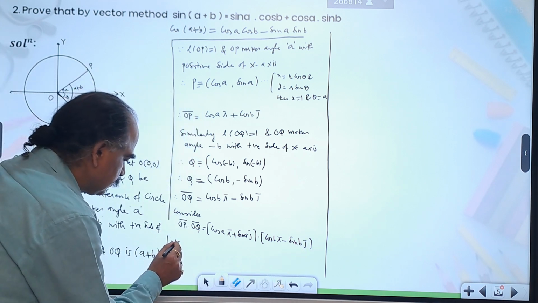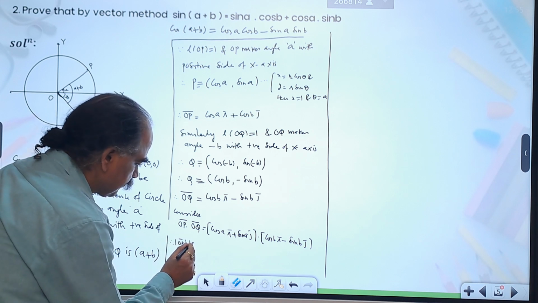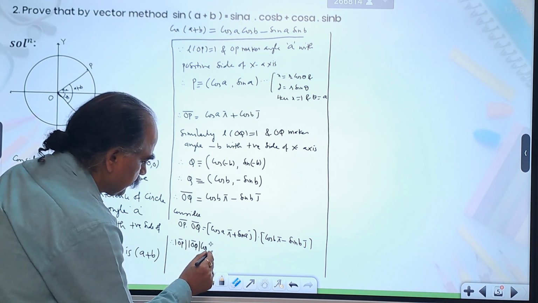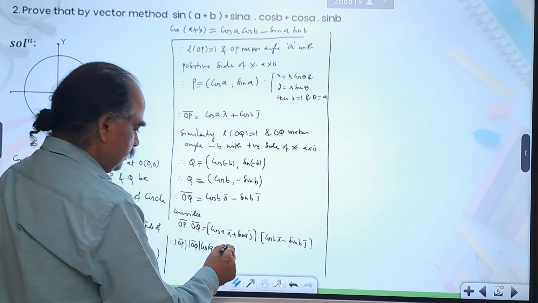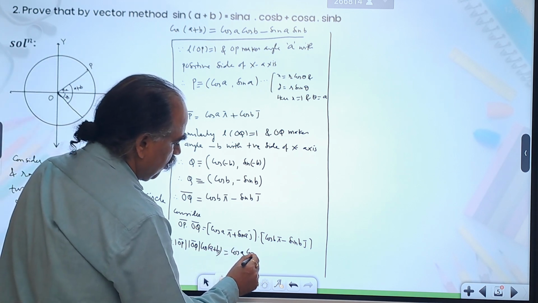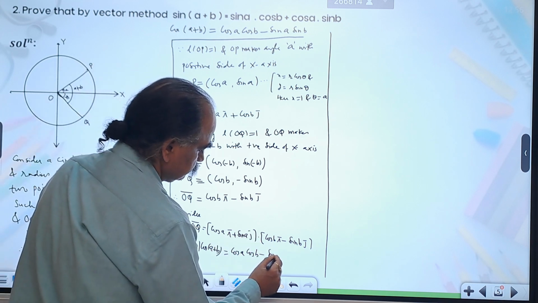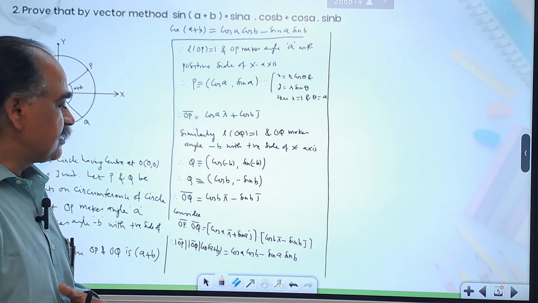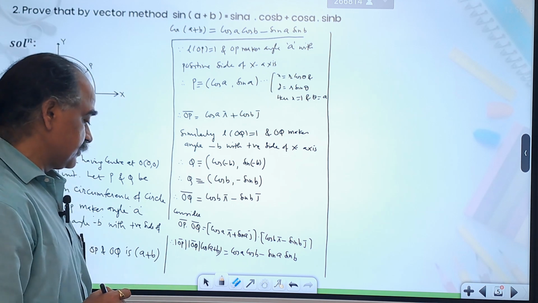Mod OP bar, mod OQ bar, cos A plus B is equal to cos A cos B minus sin A sin B. In dot product, I component multiplies with I component and J component multiplies with J component.